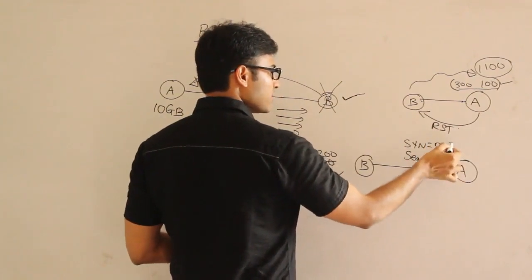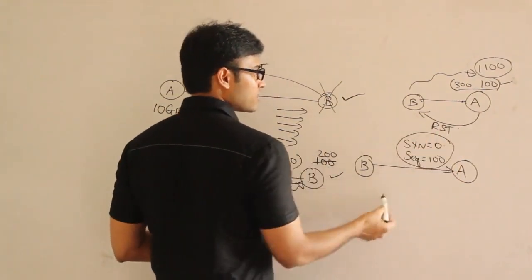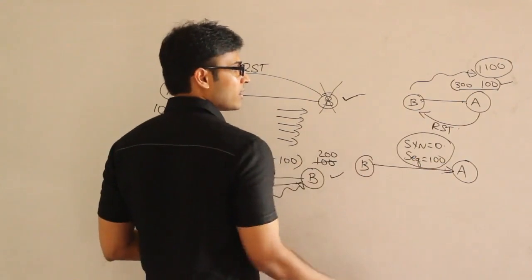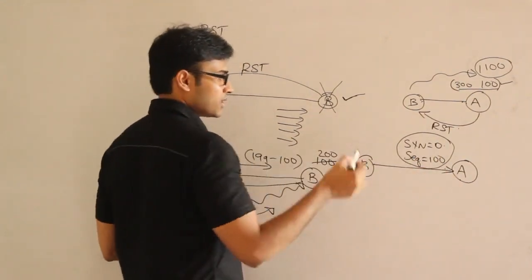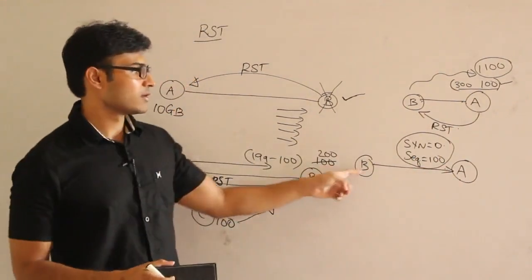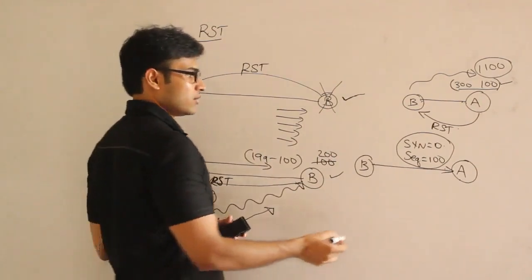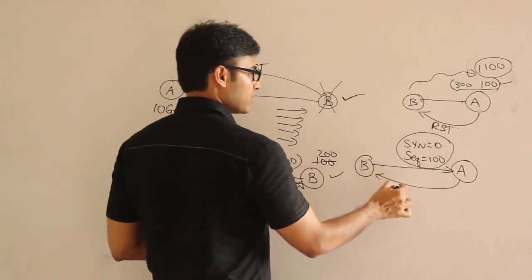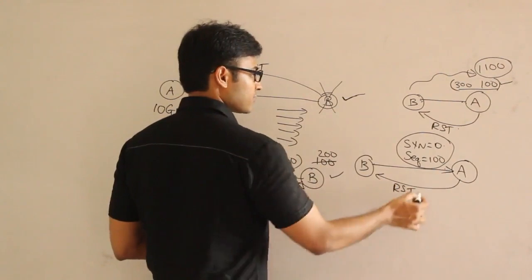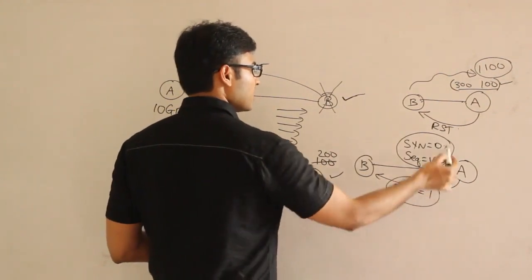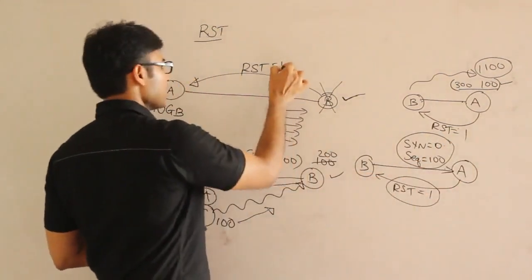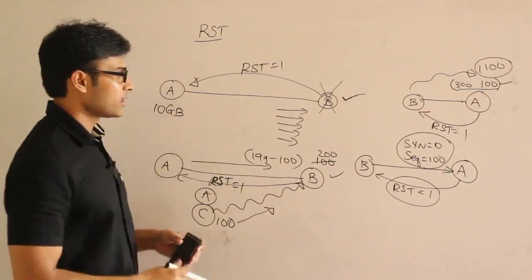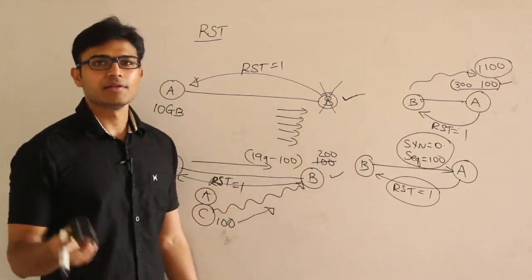SYN equal to 0 means it is not even trying to establish a connection, it is directly sending data. A is not at all in a connection, which means someone has sent you the data by mistake. Then you should send a reset saying that I am not expecting it. Reset equal to 1. So whenever reset equals 1, it indicates: please terminate the connection, I am not expecting anything from you.